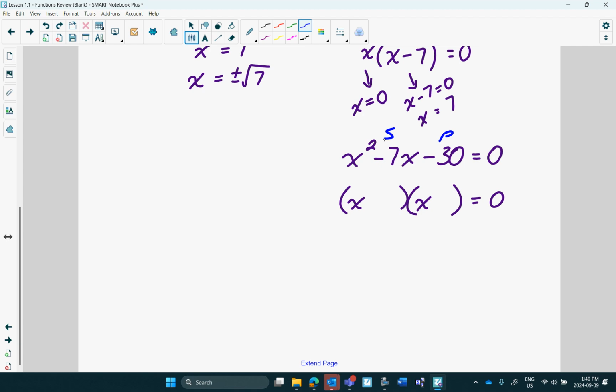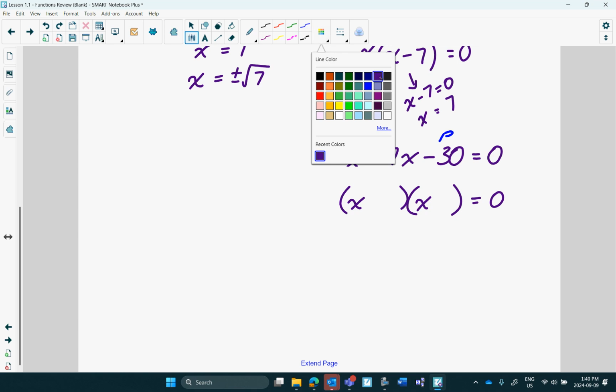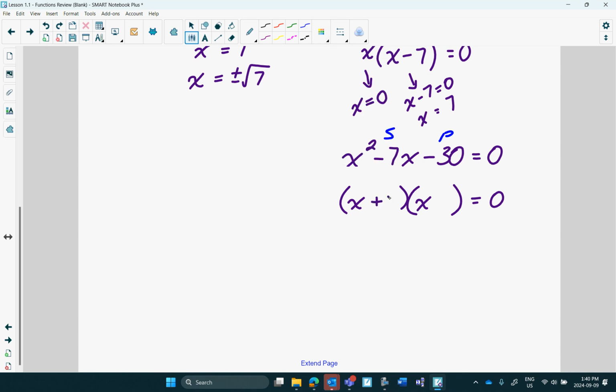Think of two numbers that multiply to this, then check this, because there are way too many combinations that add to negative 7. 3 and negative 10. Now we set each one equal to 0. Again, we don't have to write this step. We can go straight to the solutions. So for the first factor, x is negative 3. For the second factor, x is 10.